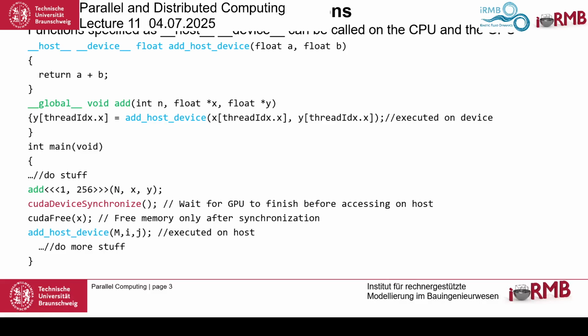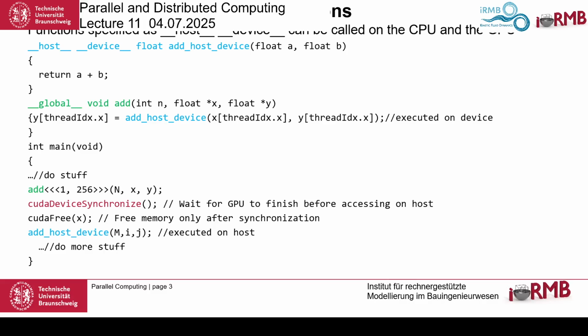The thing with GPUs, of course, is that they are supposed to do graphic display stuff. So when you call a function on the GPU, this will usually return right away, because the idea is you're sending something off to the screen and you're not waiting for the screen to do anything.